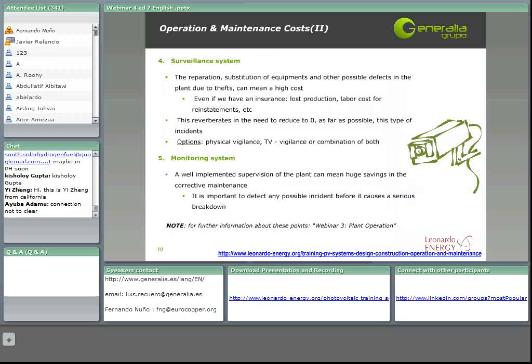So, even if we have an assurance that pays for the stolen elements, we should check that the insurance covers also the loss in production and considerable labor works. For the monitoring system, we must know that a well-implemented supervision may have a great influence in the corrective maintenance, as it helps us to detect any possible incident before it causes a serious breakdown in our solar plant.